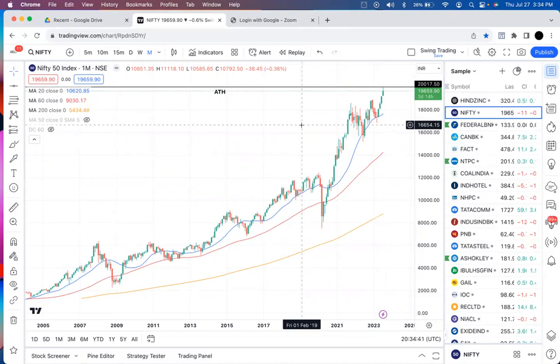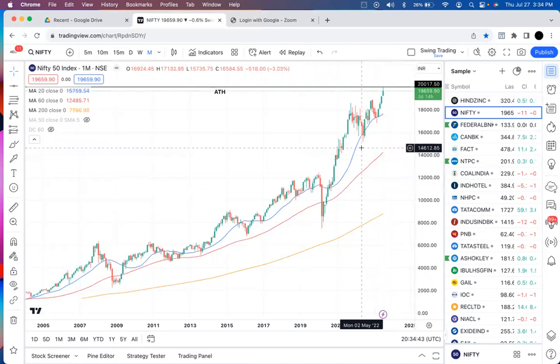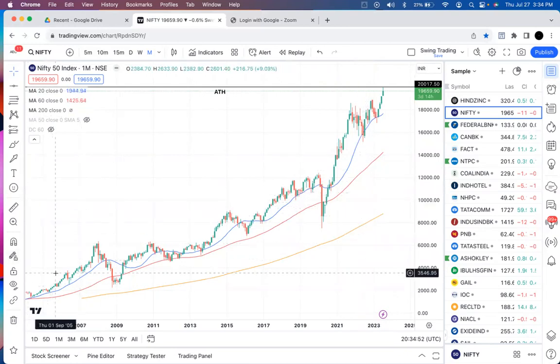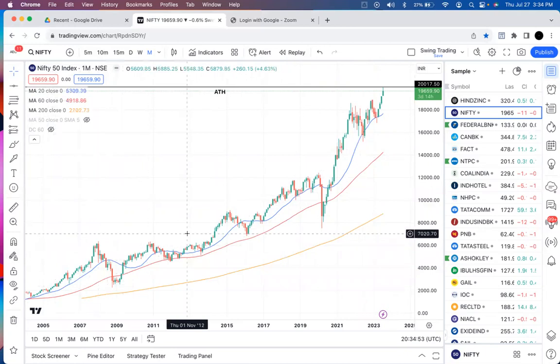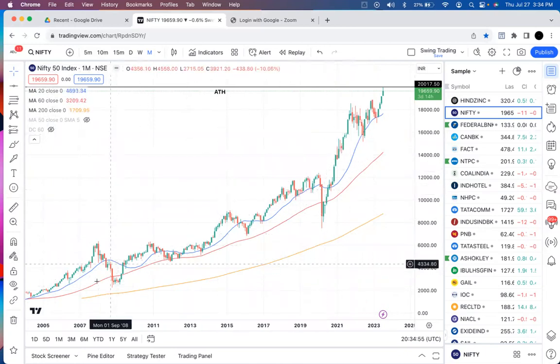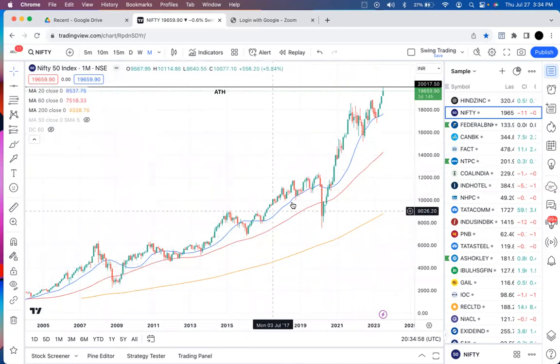Now the Nifty, of course, is trending. The 20 is above the 60, and the 60 is above the 200, and it's trending well. And you will see that the highs are higher and higher, and the lows are also higher and higher. That's what we're looking for.